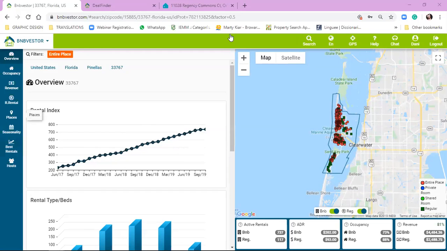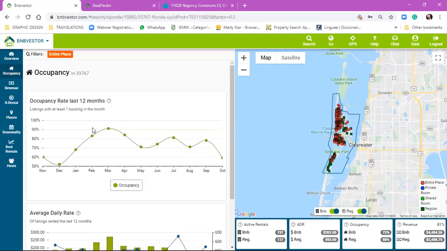This is a very good area. You can see how it has grown from 500 to 700 in just 1 year and a month. Okay, let's go ahead and take a look at the occupancy. So we have January, February, March, and April are our highest seasons actually.